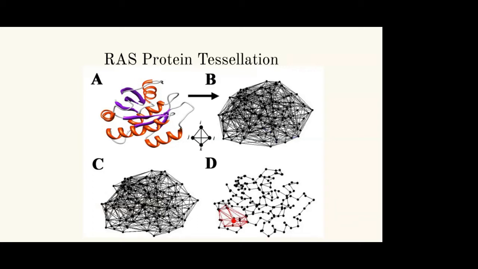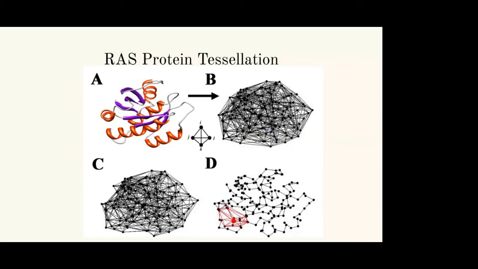Every single point represents an amino acid of the protein structure of RAS, and the vertices don't actually occur in real proteins, but it's just for us so we could see what effect one amino acid had on an adjacent amino acid. So that's why we drew those different vertices.